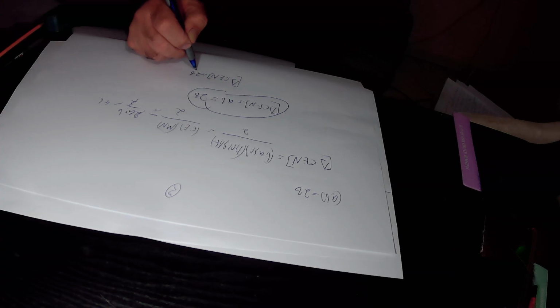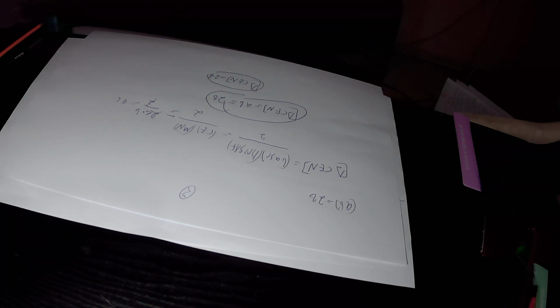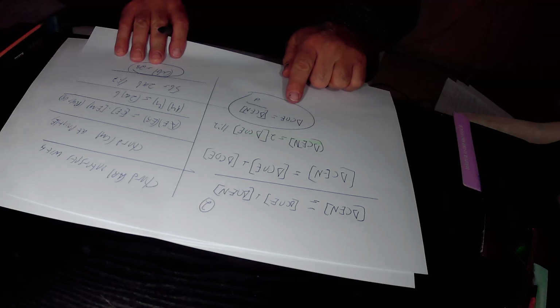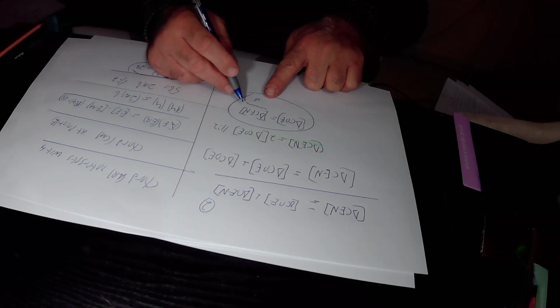28 squared in size. We already found out that the area of the green triangle COE equals the area of the big triangle CN over 2.